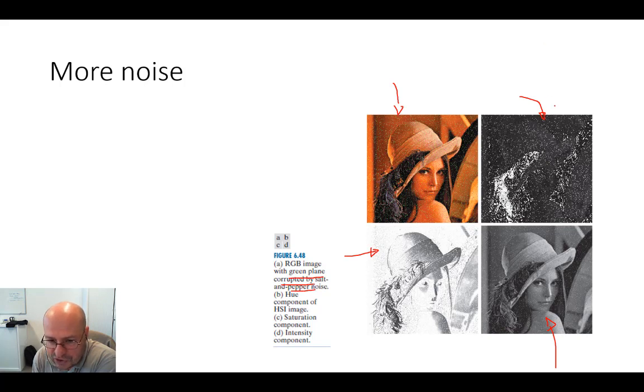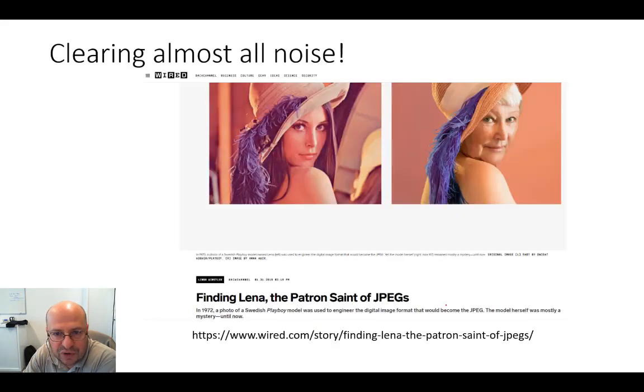And this is the hue component of an HSI image, and this is the saturation component, and this is the intensity component, also corrupted by the same kind of salt and pepper noise. And that's all I had to talk about noise in color images, which is basically everything that we discussed in the lecture about noise models in the intensity levels in the grayscale image.